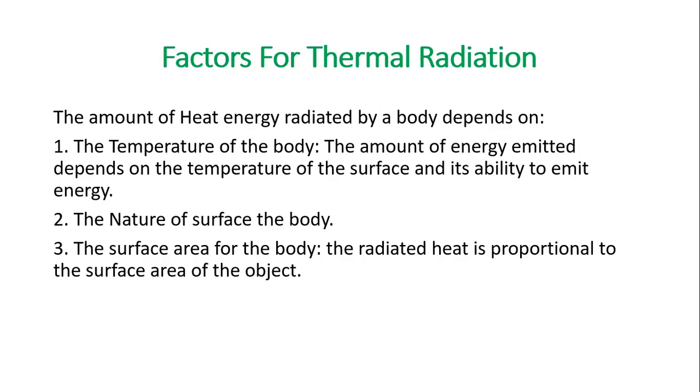The third one is the surface area of the body, whereby the radiant heat is proportional to the surface area of the body. This means that if the area of the object increases, the radiant energy will also increase. But if the area is decreasing, the radiant energy will also decrease.